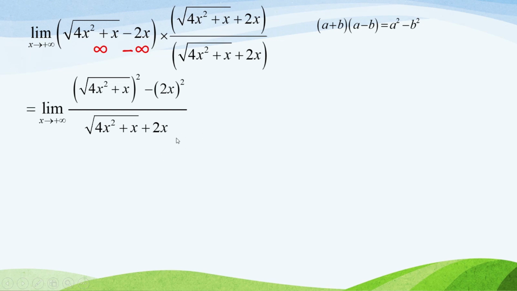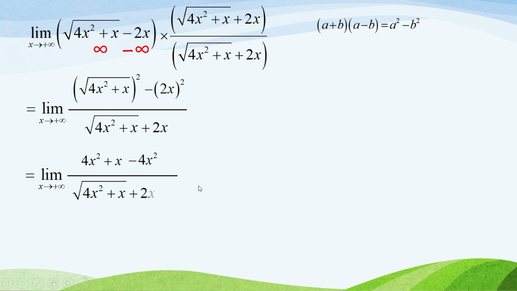And we solve this question. The numerator is 4x squared plus x minus (2x) squared, which is 4x squared plus x minus 4x squared. The denominator is still the same.